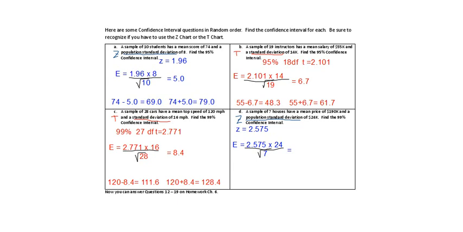That's going to equal 23.4. Finally, we can do mean minus and mean plus. So 190 minus 23.4 is equal to 166.6. And then 190 plus 23.4 equals 213.4.